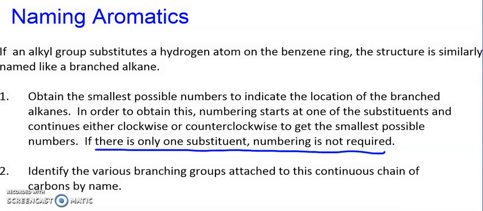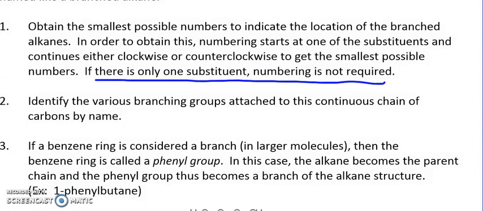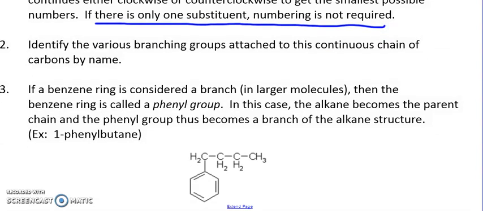If there's only one substituent, numbering isn't required, because no matter where you put it, that's considered carbon 1. You identify the various branching groups attached by name, like methyl, chloro, whatever that may be. If the benzene ring itself is a branch, which it can be, then it is called a phenyl group, and this is important. IB wants you to know this.